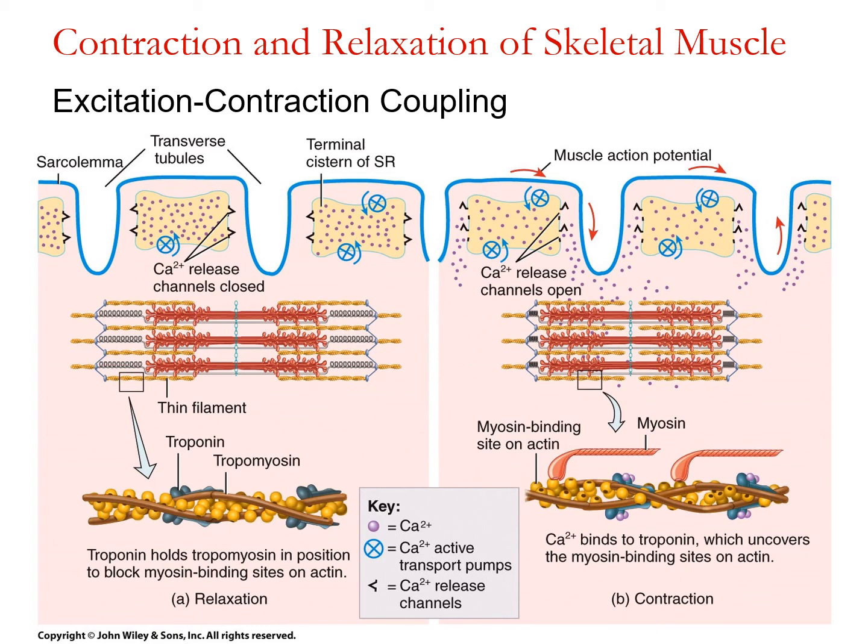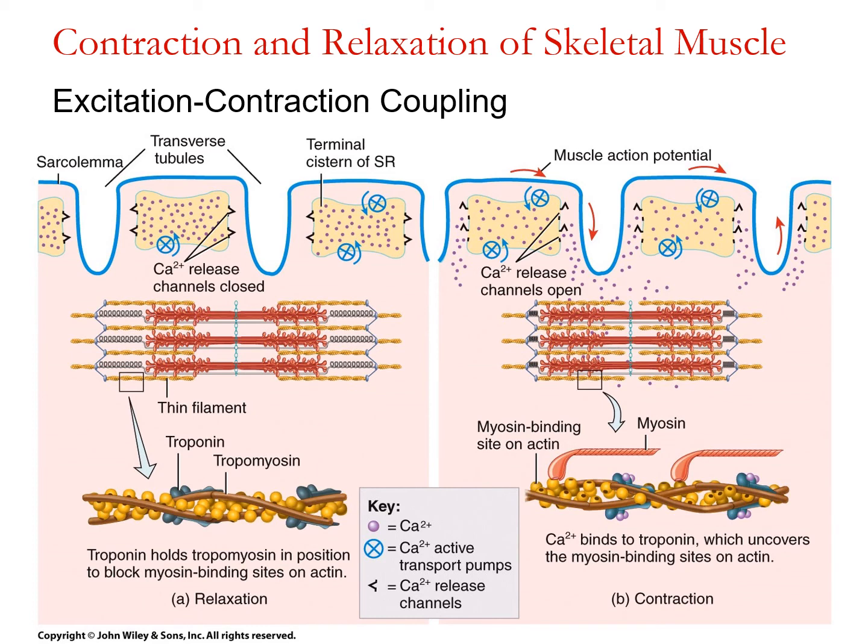On the right side of the diagram, this is now a signaled skeletal muscle where the somatic motor neuron released its neurotransmitter and it led to an action potential along the sarcolemma that travels down the T tubules.